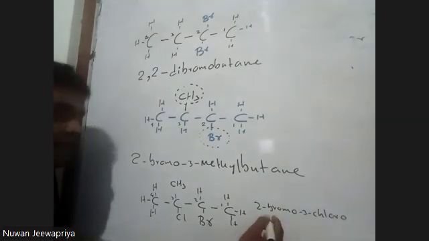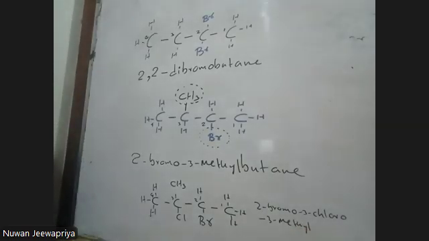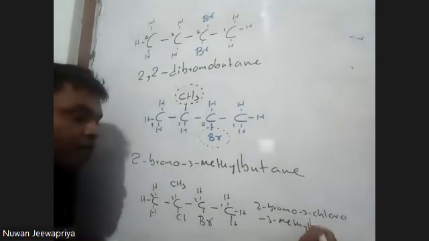The third carbon has methyl, 3-methyl. Totally 4 carbon, called but-, and butane. 2-bromo-3-chloro-3-methylbutane. That's the way we give the name for that.